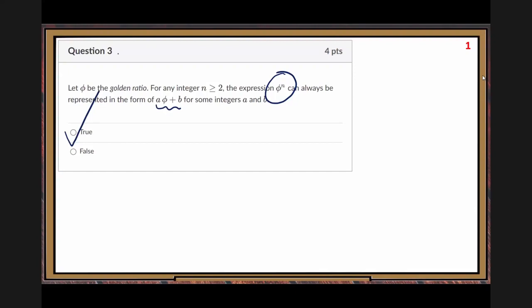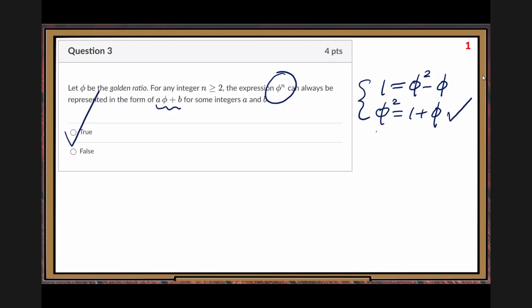We use 2 basic properties. Actually, that 1 equals phi squared minus phi. Second one we do not use. Second one is phi squared equals 1 plus phi. Here we just use the first one. Oh, sorry. Actually, we use second one, not first one. We do degree reduction.